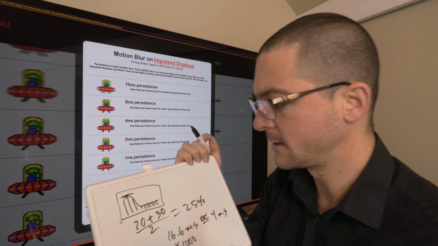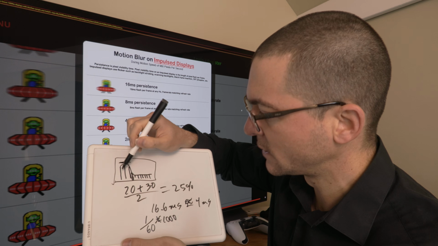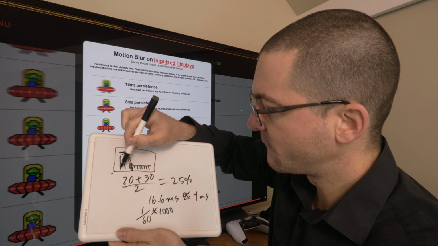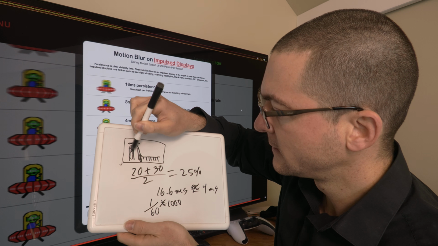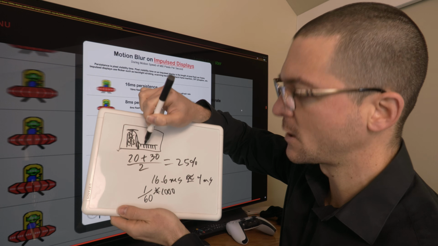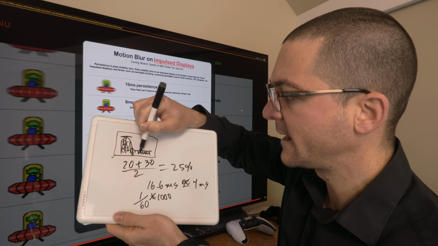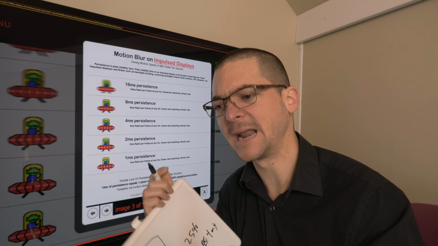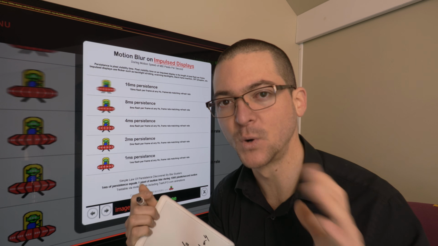So I was thinking maybe all this black space, so let's say if we have a flash here, then we're going to have a black space. We have another flash, then we have another black space, another flash, another black space. So I was thinking maybe all these black spaces are adding up. And I don't think that is the thing improving the motion clarity.